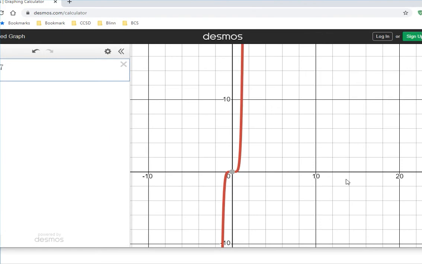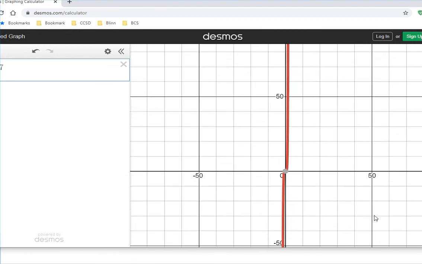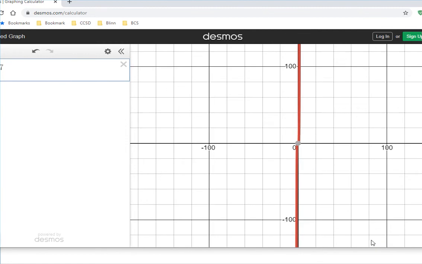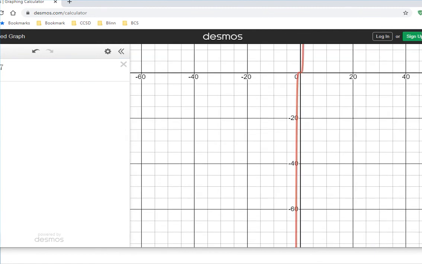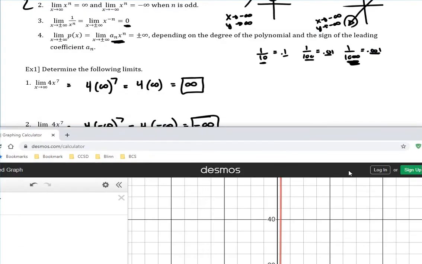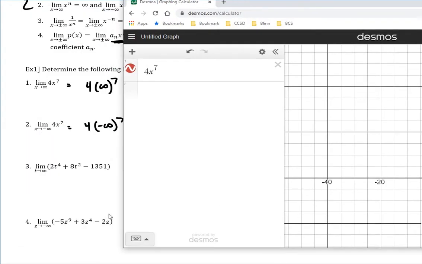That was that first answer, infinity. As it's going left, it goes down forever. It's not going to turn around. We can see everything. Again, it looks pretty much like a vertical line when you zoom out that far, but it is going down forever on the left and up forever on the right. Okay, anyway, so that's that.